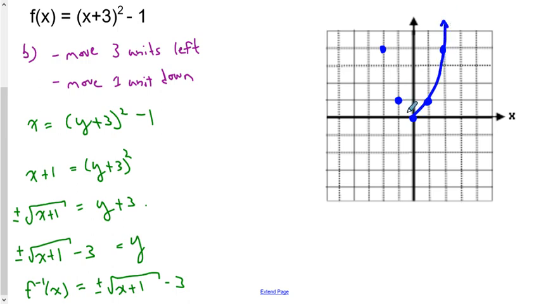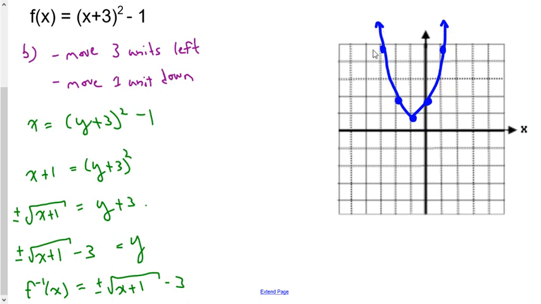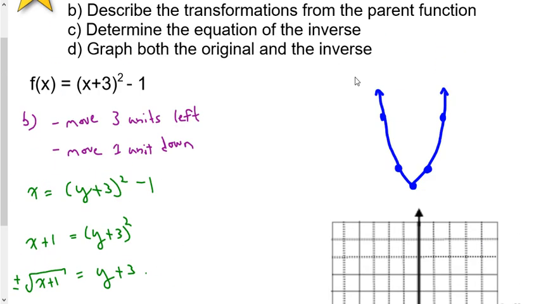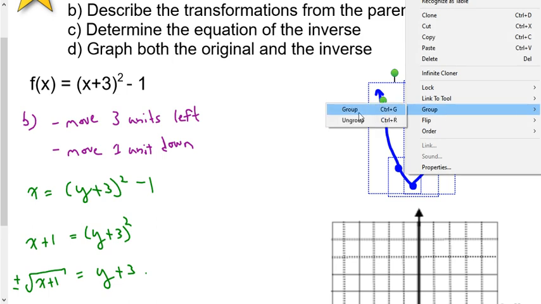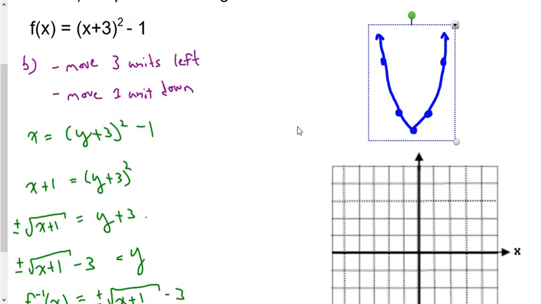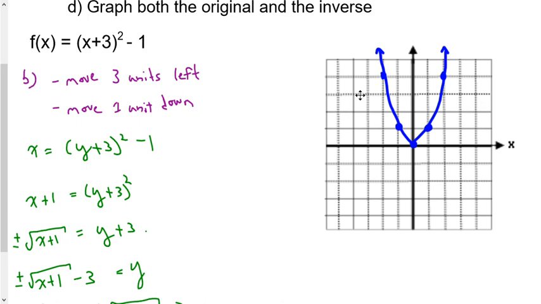Very nice. But now I want to do my shifting. So I'm actually going to grab all of this and group it together. Give me a moment to take care of that. We'll group everything, and you'll be able to see quite nicely and easily how this shifts.